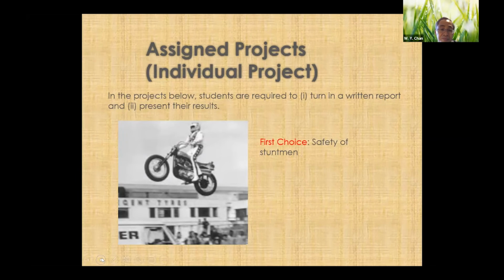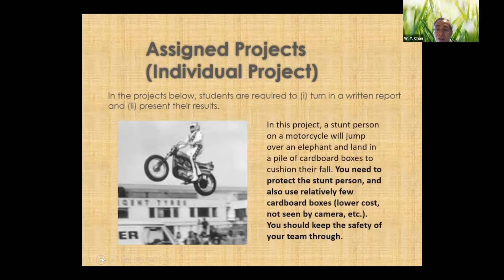Mainly the project is a stuntman on a motorcycle who jumps over an elephant and lands on a pile of cardboard. So the main job is to protect the stuntman, the safety, but we would like to use a lower cost and have no scene visible by the camera like that. So this is their main job.